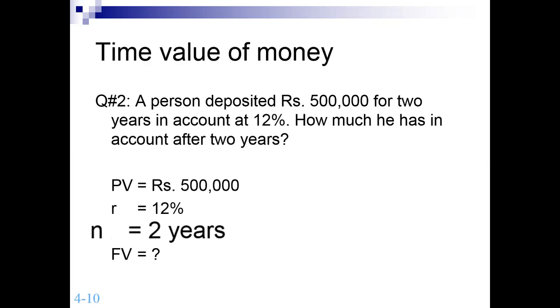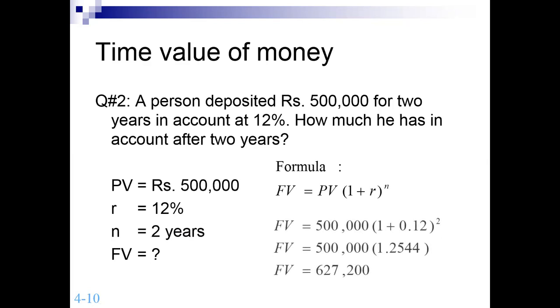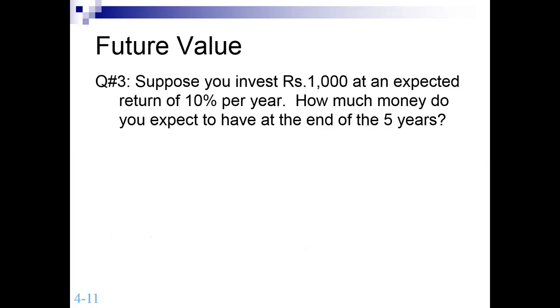You can see that N is changing, and that is actually creating a change in your question. So this is the formula we will use. And once you put all the amounts over here, your answer will be 627,200.